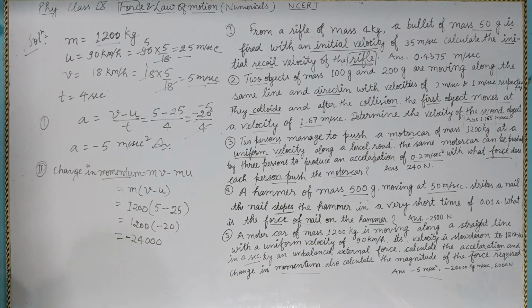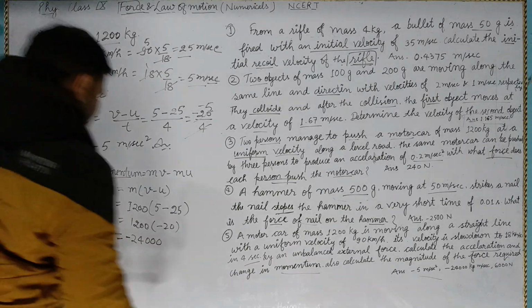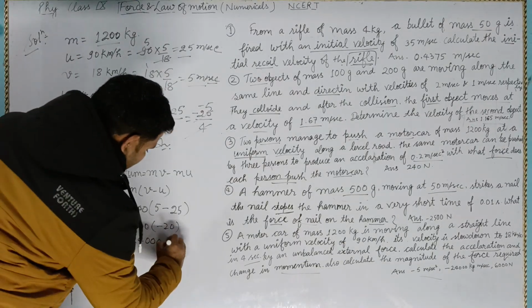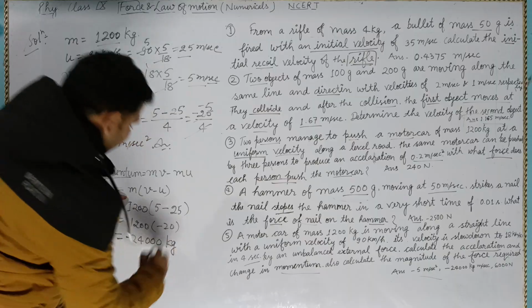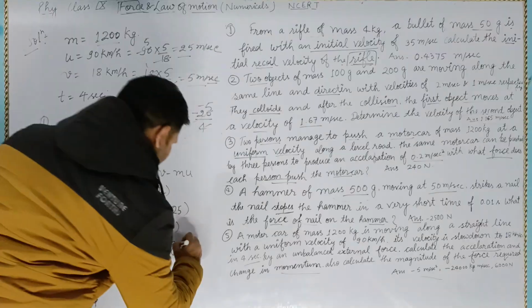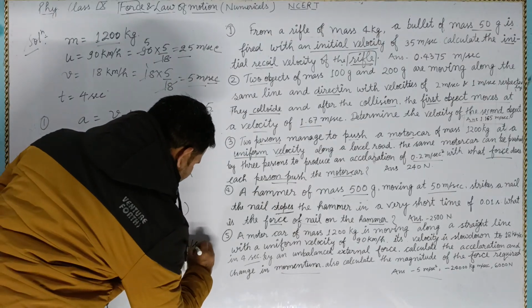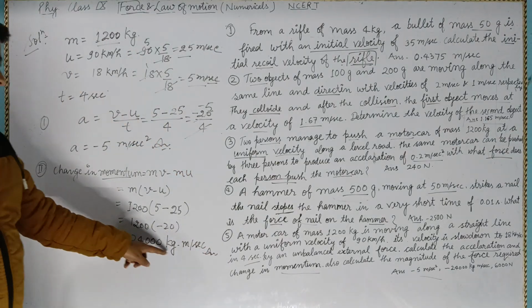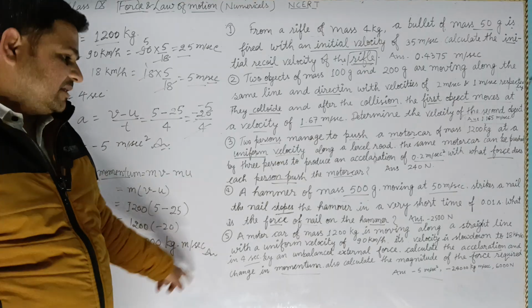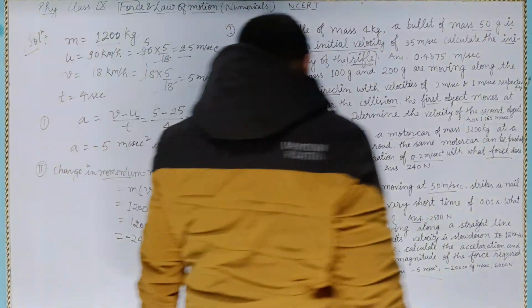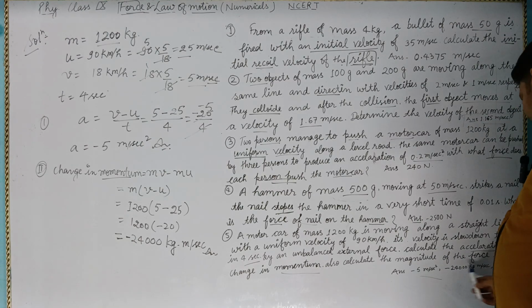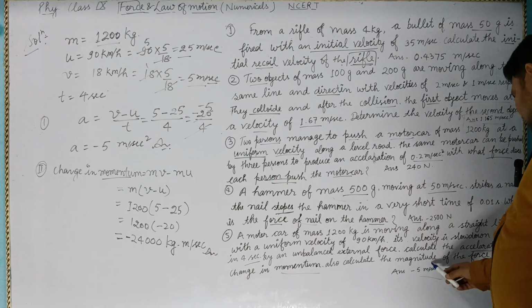The unit of momentum: mass is in kilogram and velocity is in meter per second, so the unit of momentum is kilogram meter per second. In the third point, we have to find the magnitude of the force required.